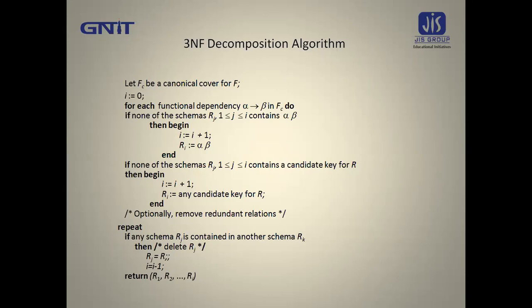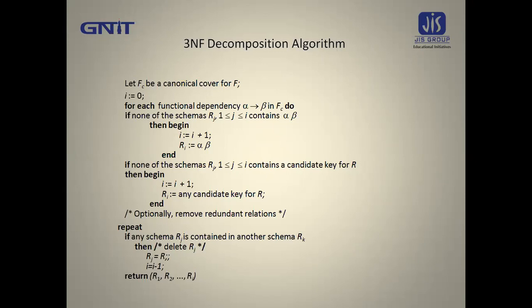If none of the schemas Rj, where 1 less than or equal to j less than or equal to i, contains a candidate key for R, then we begin i equals i plus 1, incrementing the value of i. Ri is any candidate key for R. We're taking any one candidate key for R. Optionally, we can remove some redundant relations.